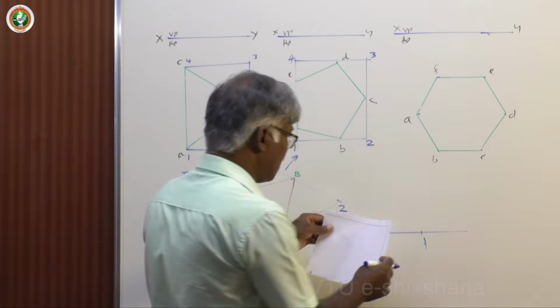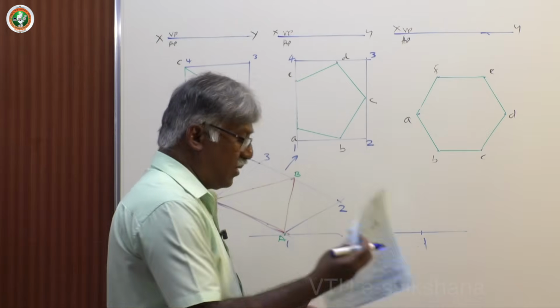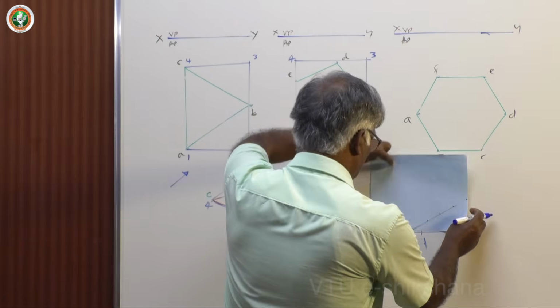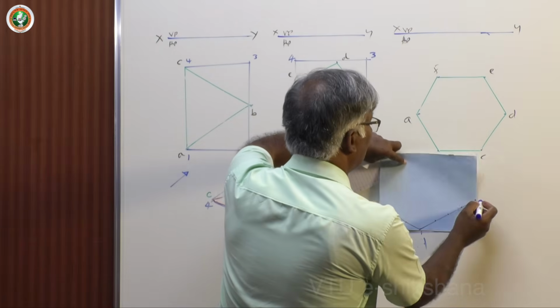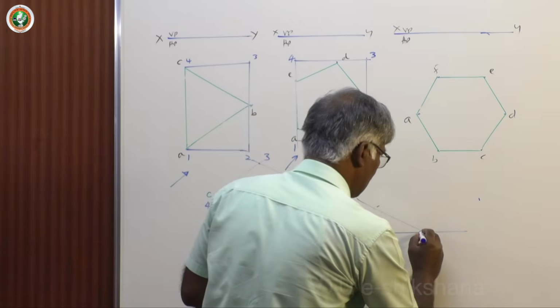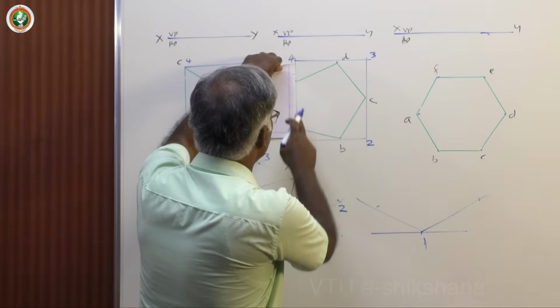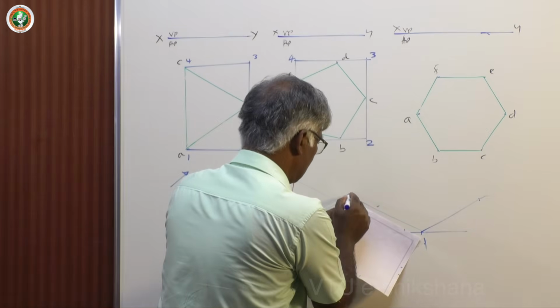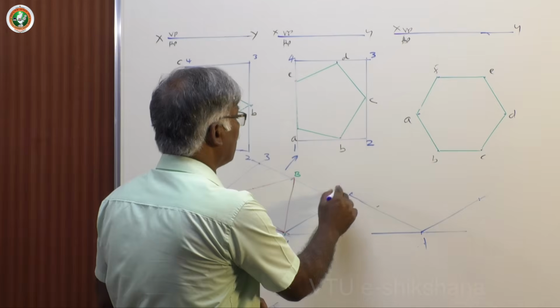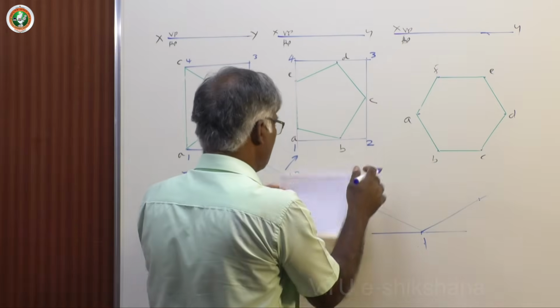So distances should be taken on the 30-degree line only. So let me set the 30-degree line. I am using the protractor type. So here are the two lines. So here is the distance 1 to 4. Actual distance I am taking. This is the isometric view. Then you take this distance.